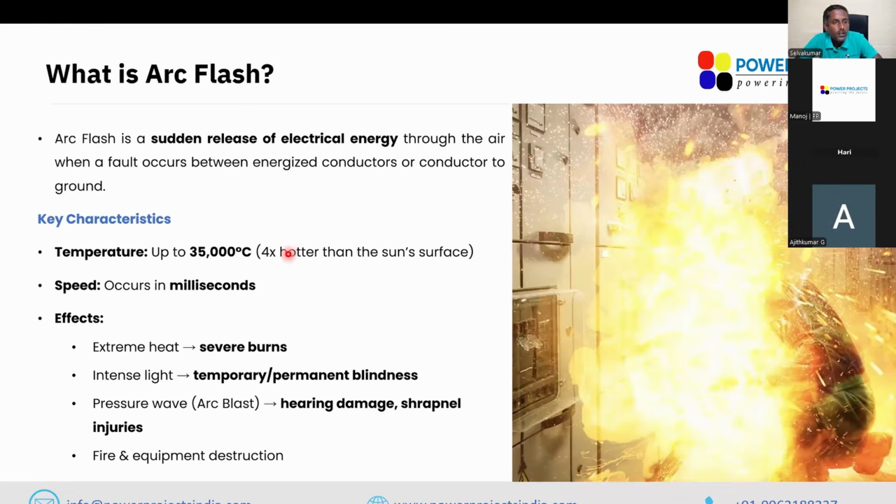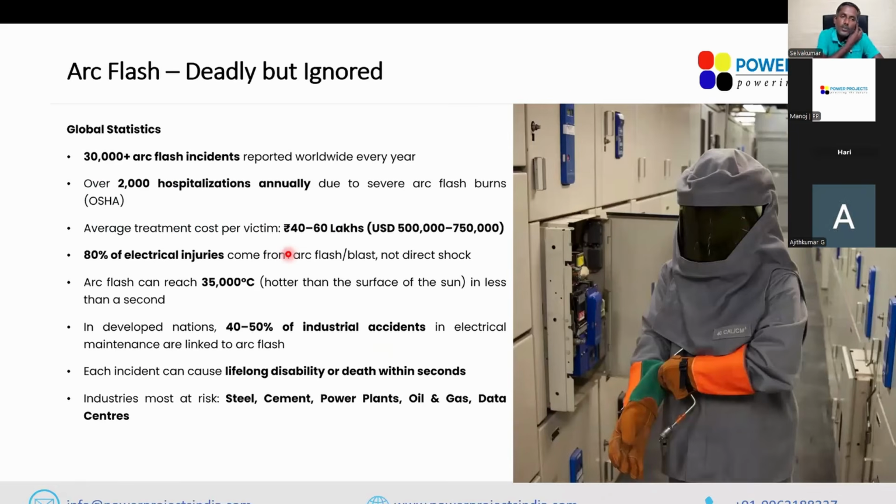Arc flash is deadly, but generally it is ignored. There are 30,000 plus arc flash incidents every year, including many fatalities, and at least 2,000 hospitalizations annually. This is OSHA data, and probably many incidents do not come to the public because information is hidden.